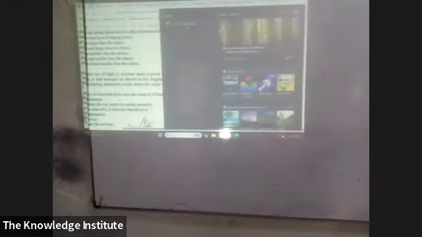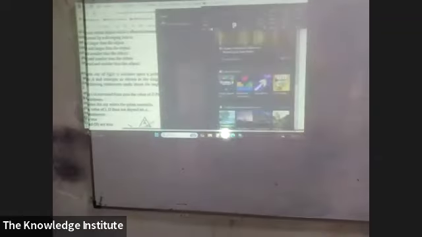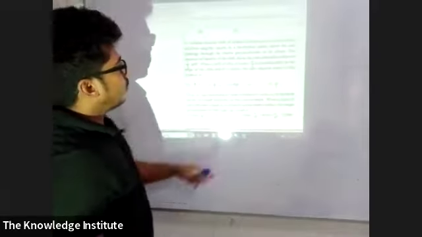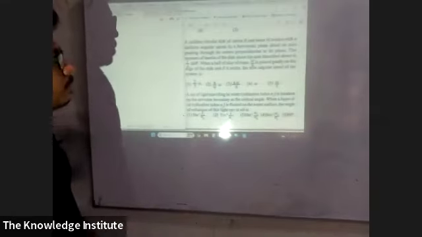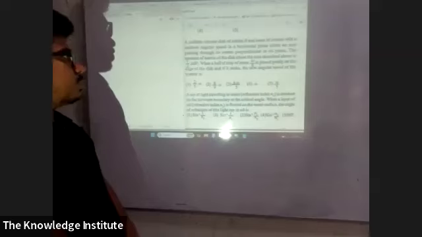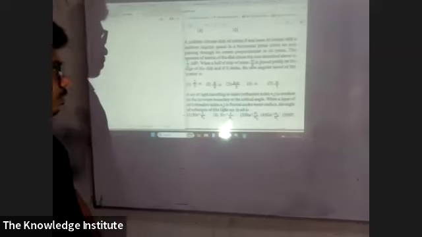Question number 38. A uniform circular disc, radius r and mass m, rotates with a uniform angular speed in a horizontal plane about an axis passing through its center perpendicular to its plane. The moment of inertia of the disc about this axis is half mr squared.